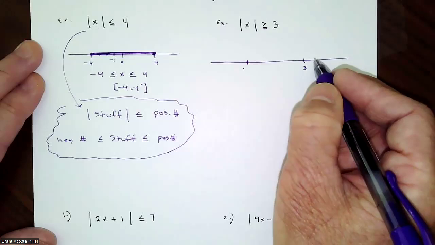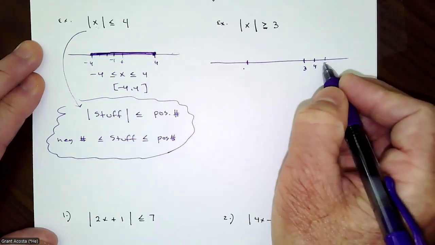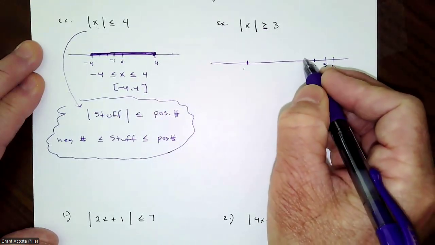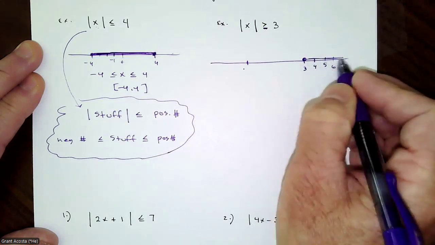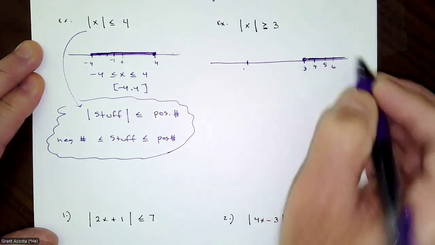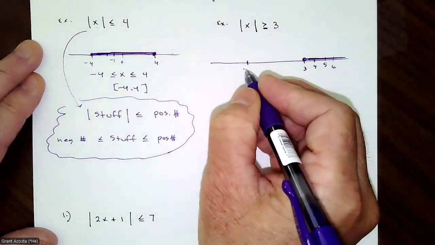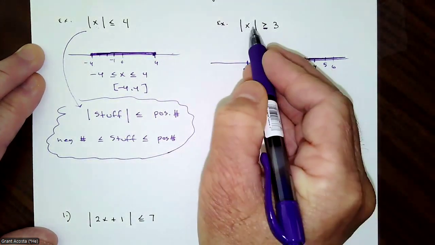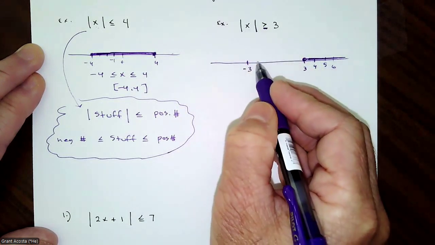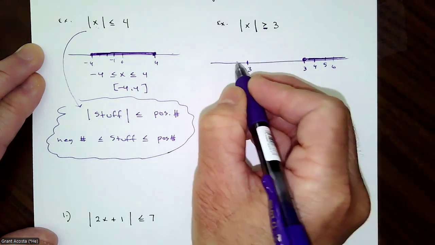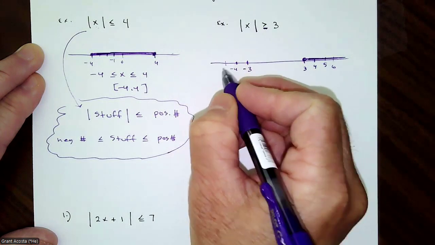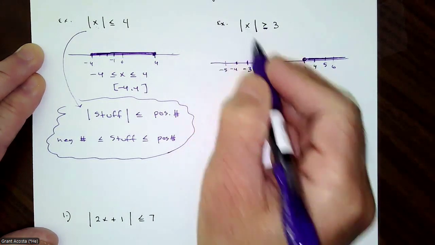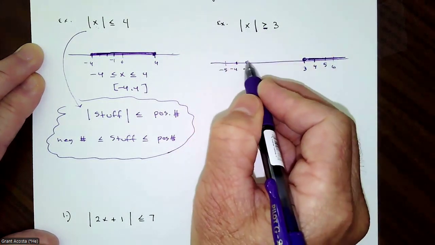Now, what numbers also work? 4 would work, 5 would work, 6 would work. Any number bigger than 3, clearly the absolute value of that will be bigger than 3. Now, if we think negative numbers, negative 3 works, but not negative 2, that would be less than 3. I have to go this direction: negative 4, negative 5. When I take the absolute values of those numbers, they're going to be greater than or equal to 3.